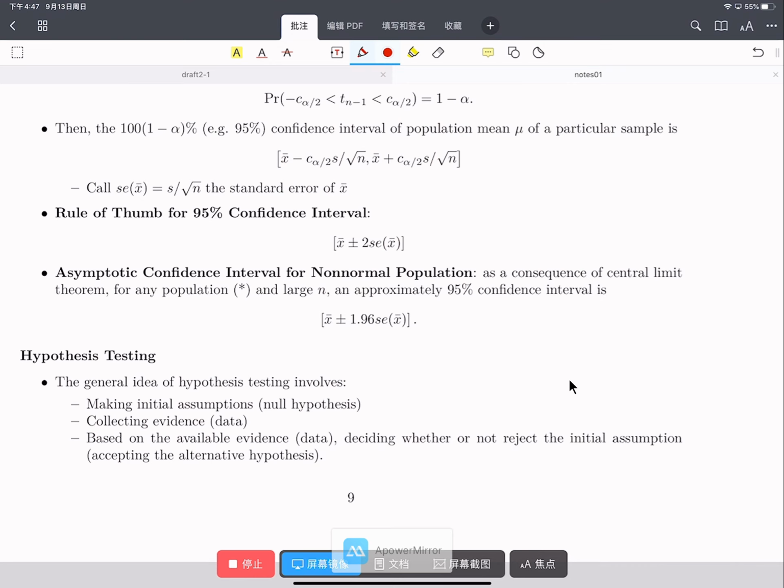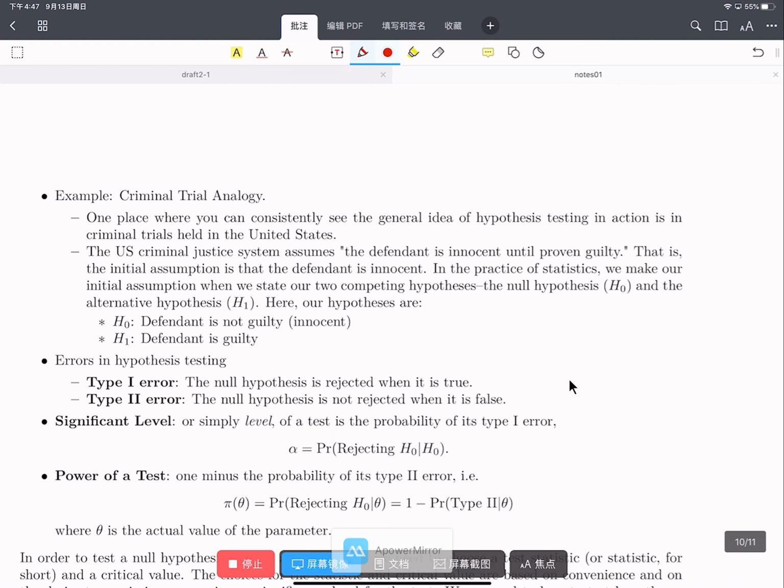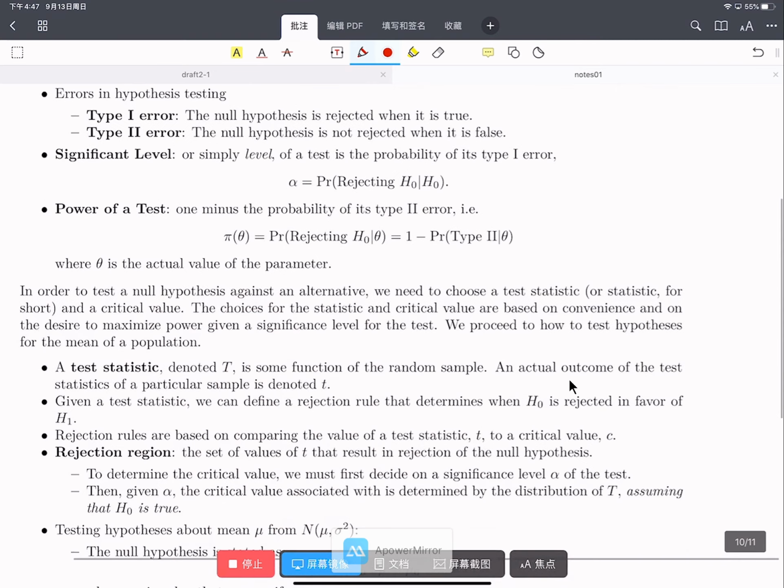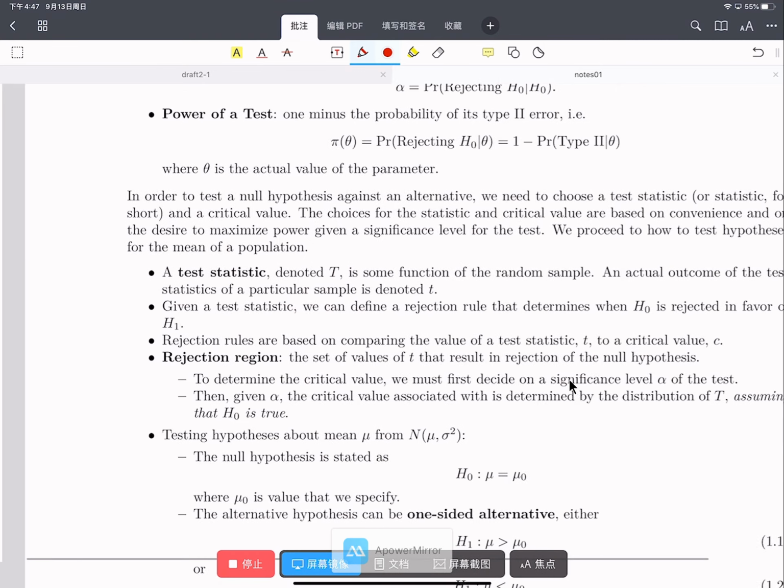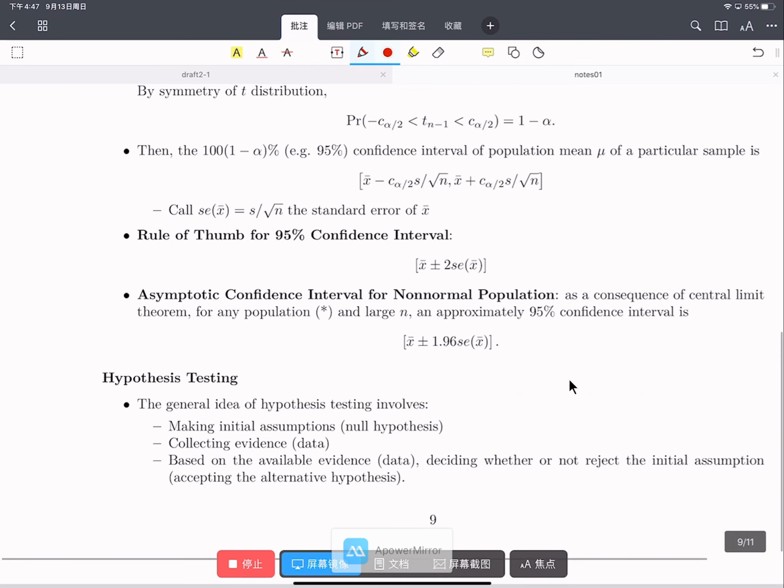And the final topic related to statistics is the so-called hypothesis test. Let me just briefly talk about the ideas, and I will ask you to refer to the Coursera MOOC to study more. Hypothesis testing says that we have some initial guess about the parameter value.